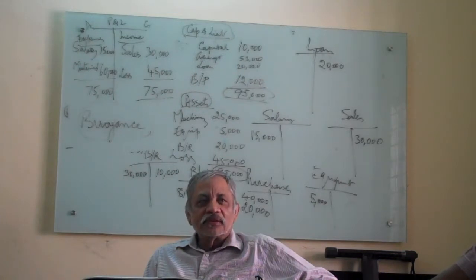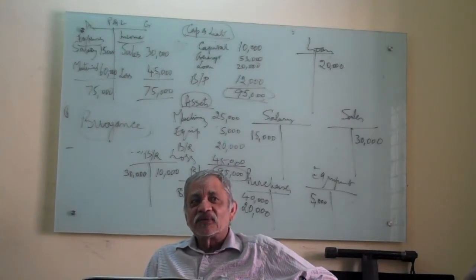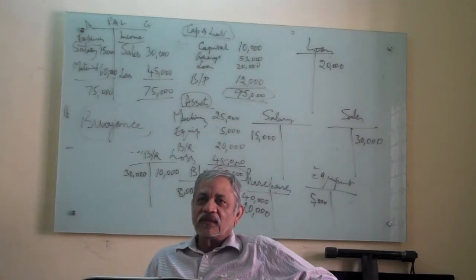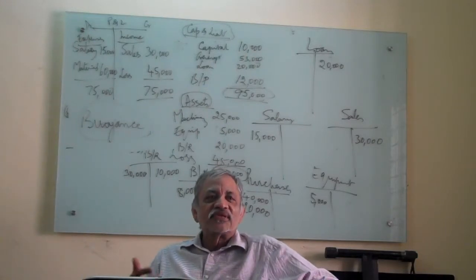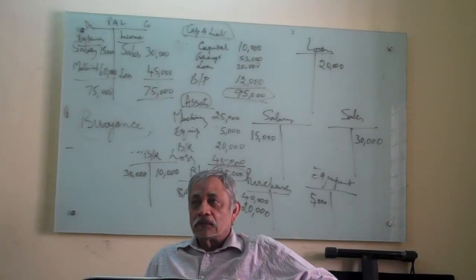I have written a book on how to window dress a balance sheet. Window dressing means fudging accounts legally. Otherwise I can't publish such a book. Legally, within the framework of law, how you can show 6 different profits for the same year, for the same company, for the same transactions, without committing any legal violation.